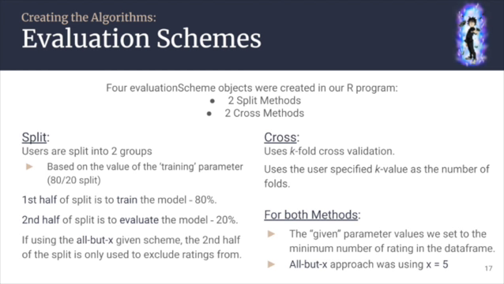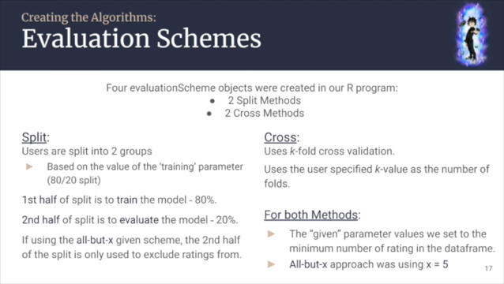The first half of the split is to train the model, which is 80% of the data set. The second half of the split is to evaluate the model, which is the latter 20% of the data set. If using the all but X given scheme, the second half of the split is only used to exclude ratings from.